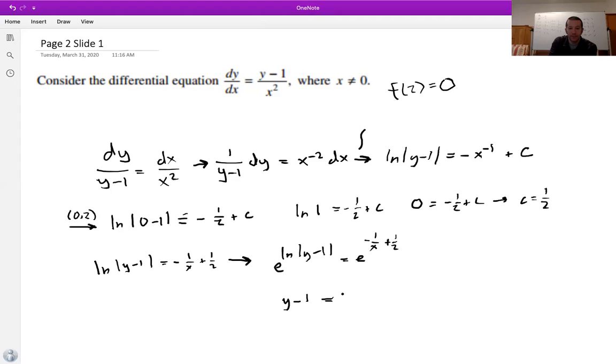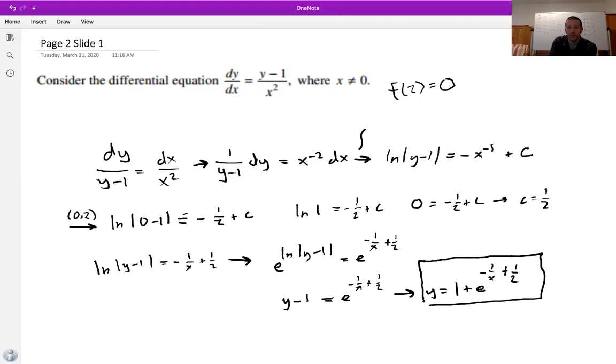And this side just stays e to the negative 1 over x plus 1/2. The last step is to add 1 to both sides, so we get this solved for y. This here is the answer to the question, find a particular solution y equals f of x.